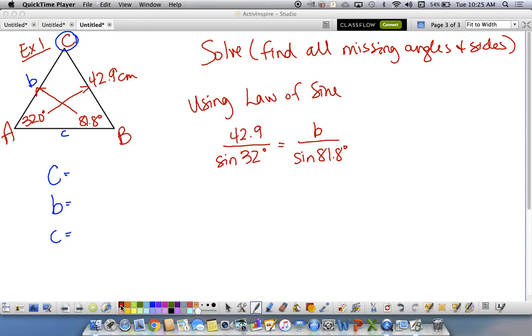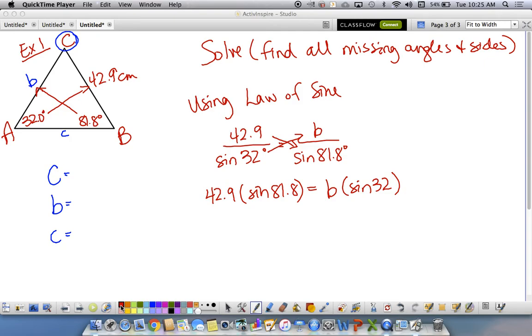So when I cross multiply, that's how we solve proportions, correct? I'm going to say 42.9 times sine 81.8 equals B times sine 32. How do we solve for B?